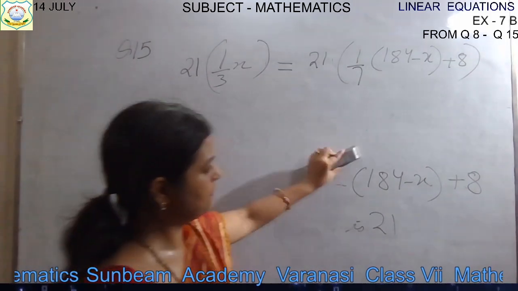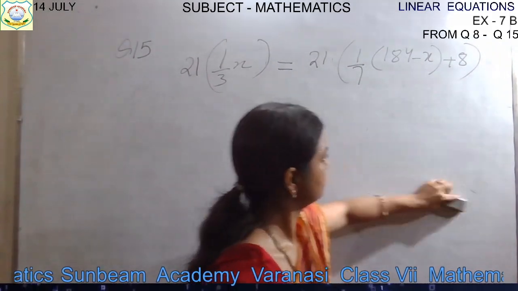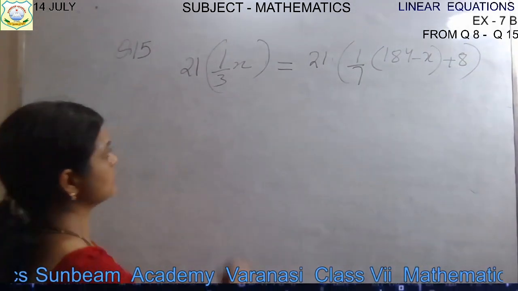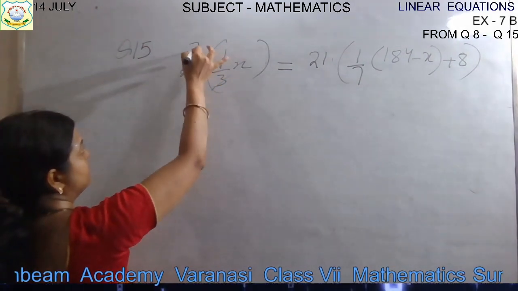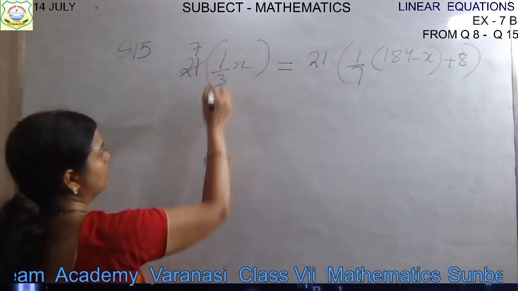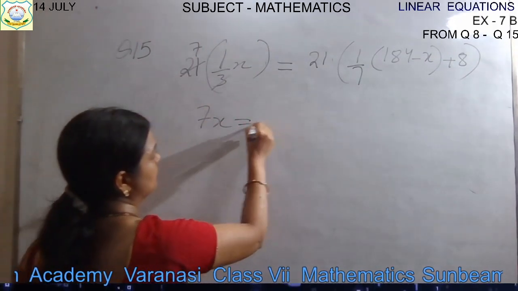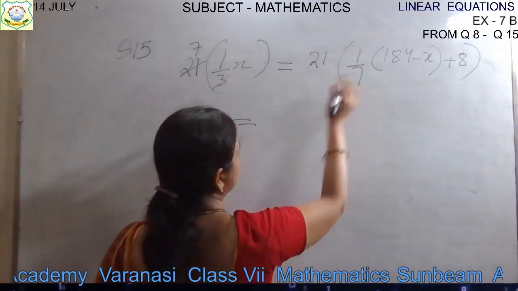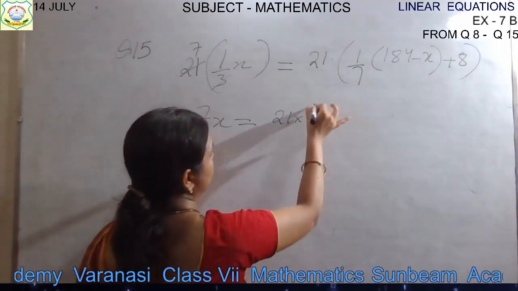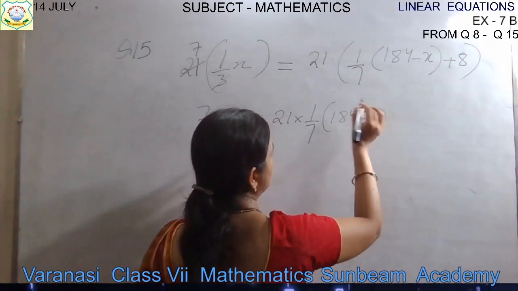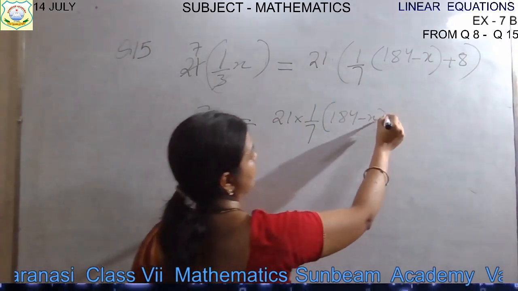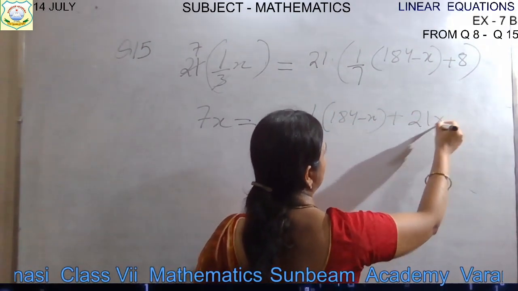Now the next step is how much, children? The next step will be just solve it. This is single term, so we can simplify. 3 7s are 21. So 7 into 1, 7x. Now this 21 will multiply with this. 21 into 1 by 7, 184 minus x, and 21 will multiply with 8 also. 21 into 8.